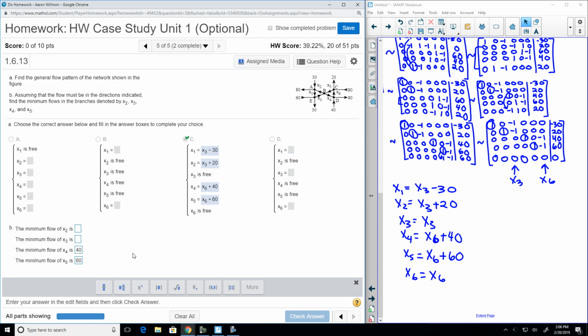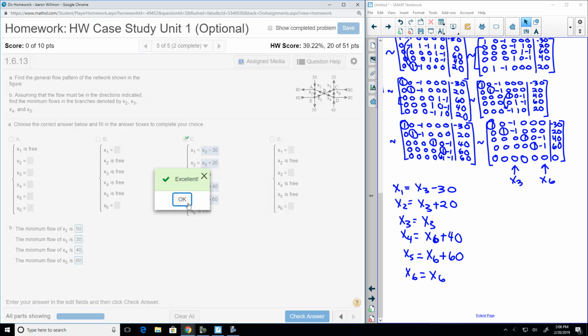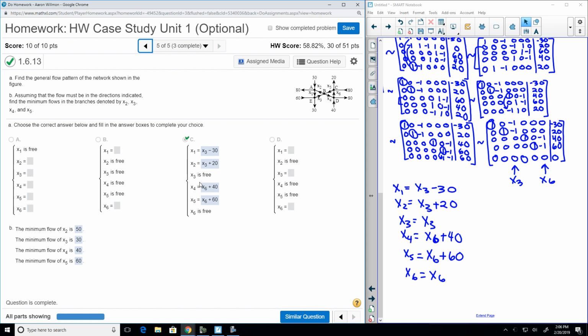Okay, so that means if the minimum for X3 is 30, then the minimum for X2 is 50, right? So the minimum for x3 is 30 because x1 can't be negative.